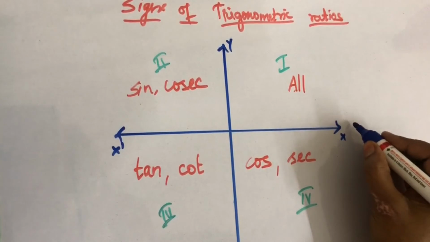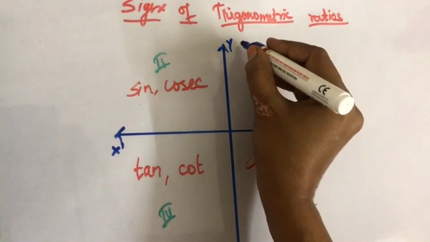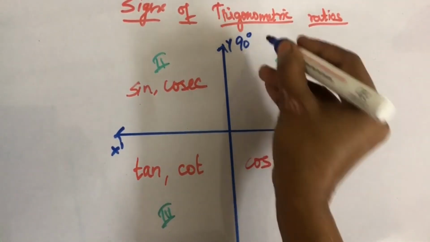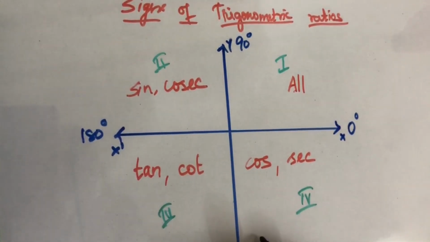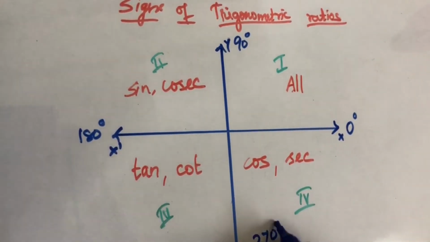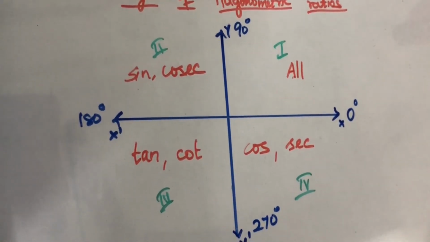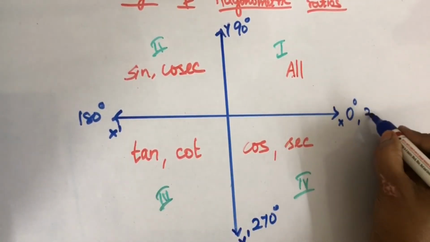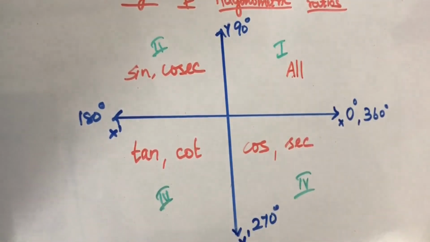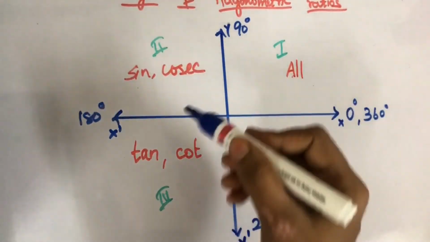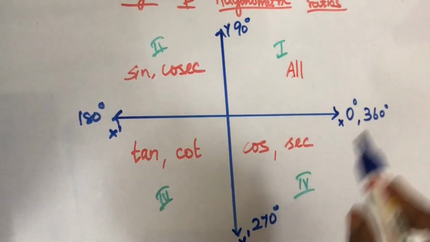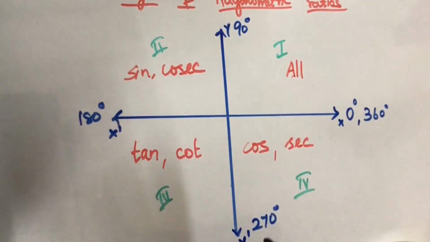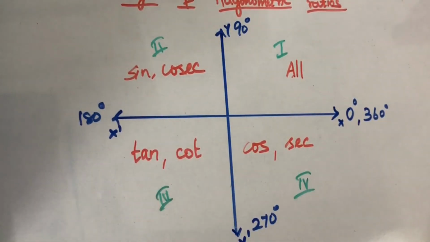So, here it is 0 degree, here 90 degrees, 180 degrees, 270 degrees. Now, it is again 360 degrees and it goes on like this. For one full rotation, it takes 360 degrees, that is the angle at a point.